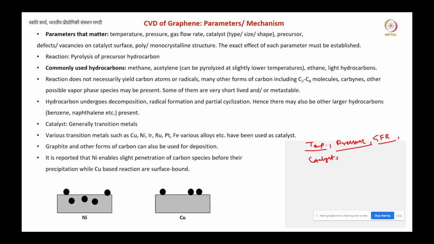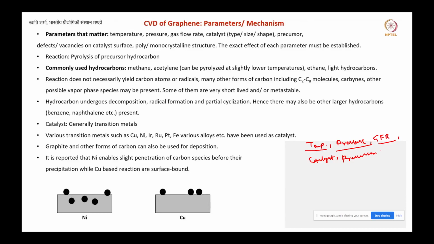So if you are using any catalyst, you should know which type, what shape and which size is giving a better deposition. The next is your precursor. In the precursor also, you should know its size and shape and what kind of precursor you are using.